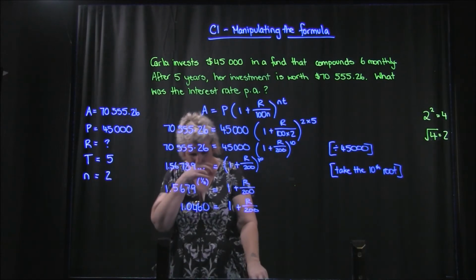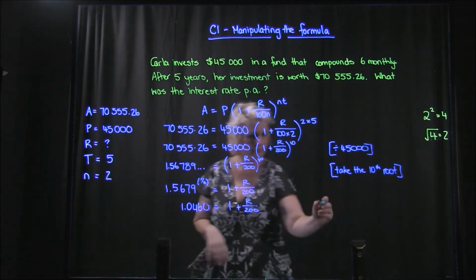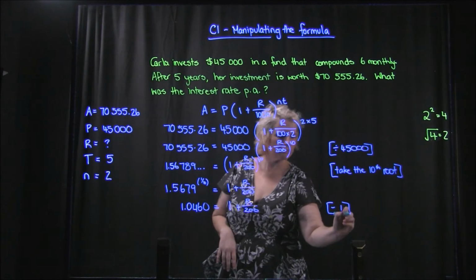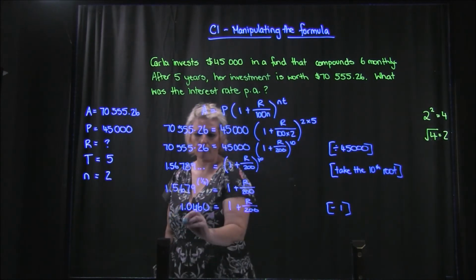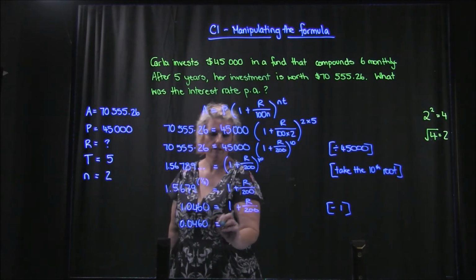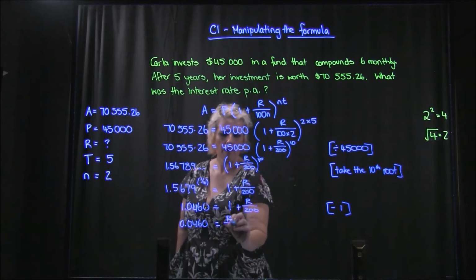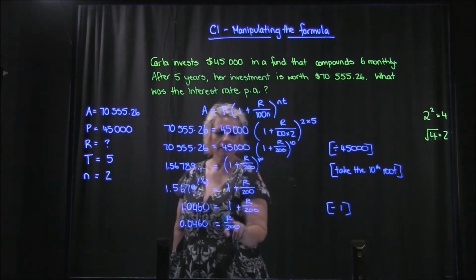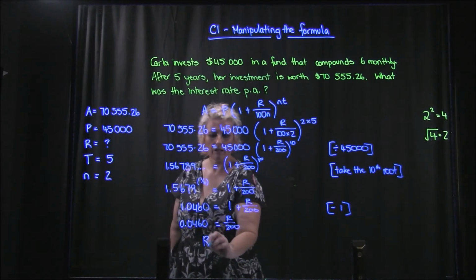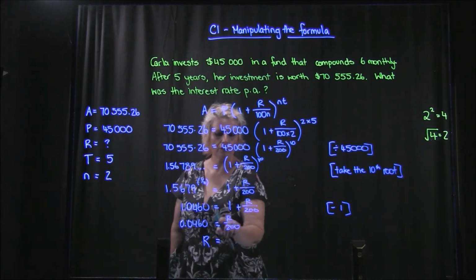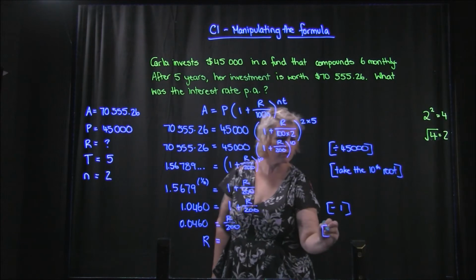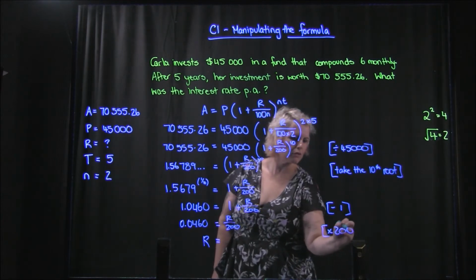So next, I'll get rid of that 1. So I'm going to subtract 1. If I subtract 1 from this, I get 0.0460. Okay, and that leaves me with r over 200. Next, to get r on its own, instead of dividing by 200, I'm going to multiply by 200.